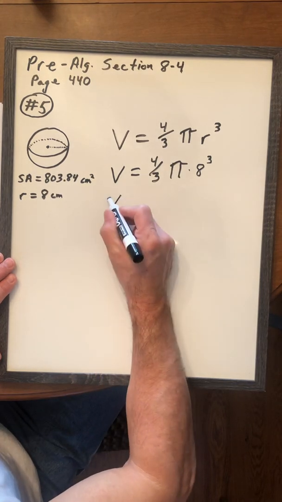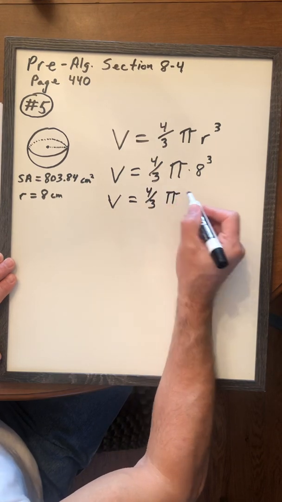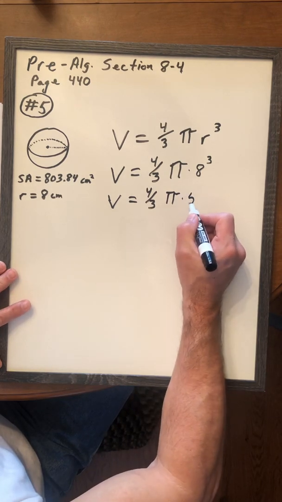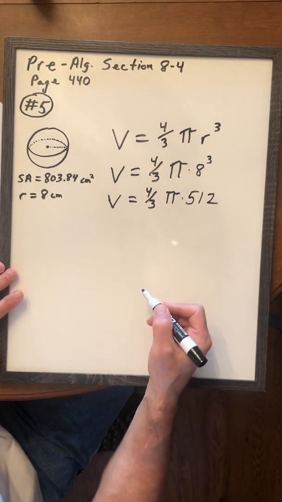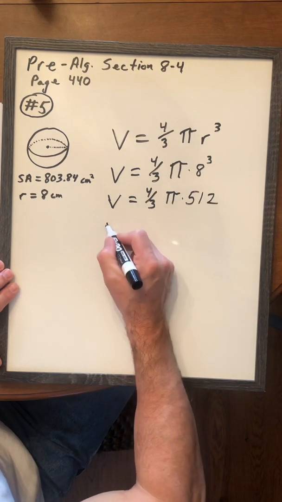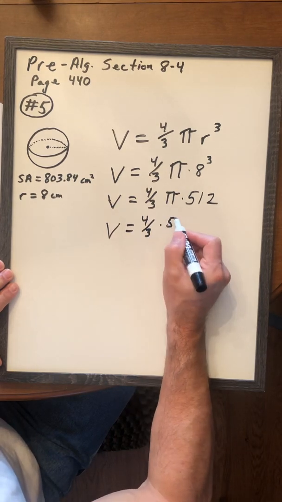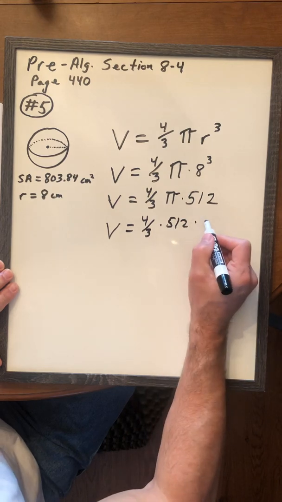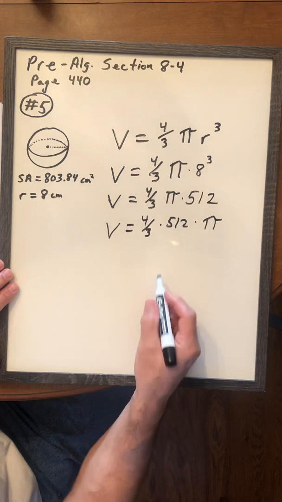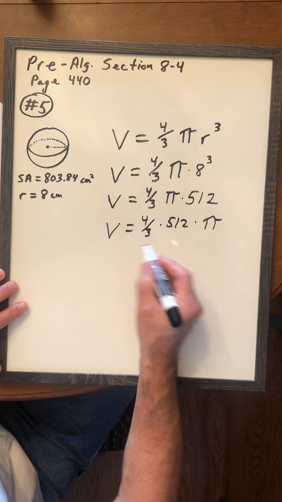So volume equals 4/3 pi. And then 8 times 8 times 8 is going to give me 512. And so 8 cubed is 512. And so now I'm going to get my 4/3 and my 512 side by side, and then I'm going to put pi at the end. It's all multiplication, so it doesn't matter. I can move these around. And so now I've got 4/3 times the 512.